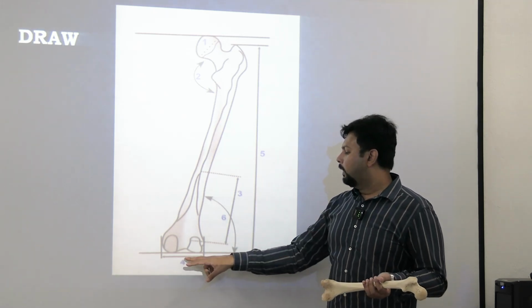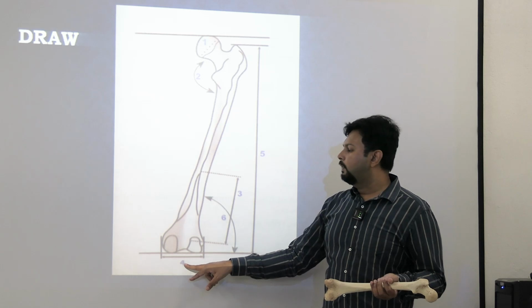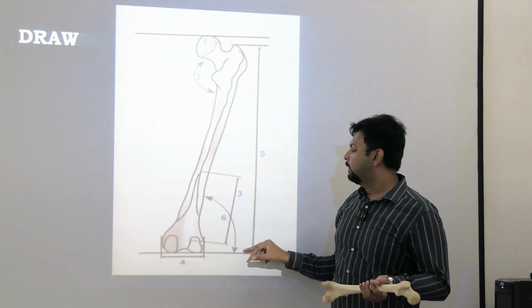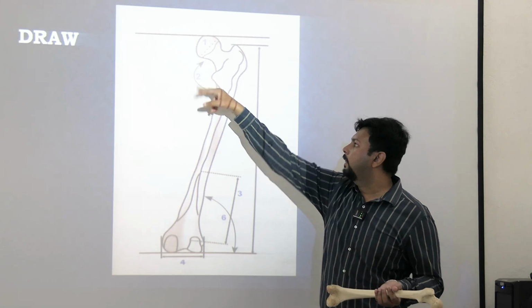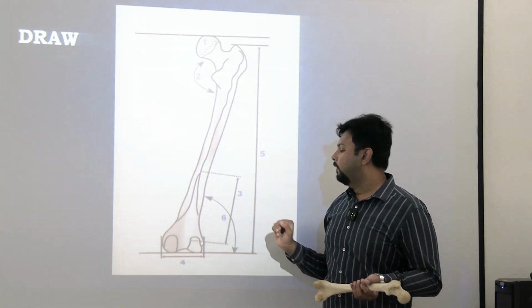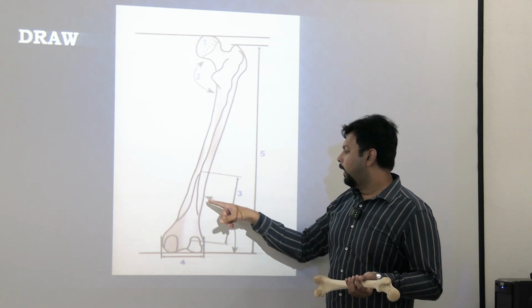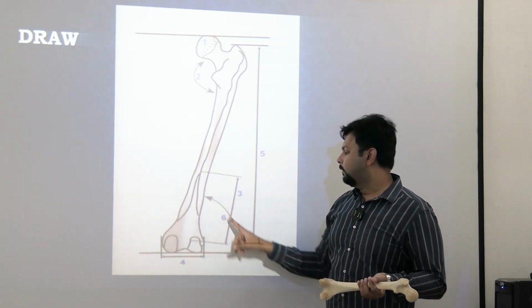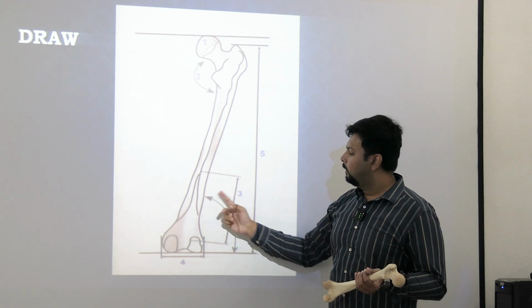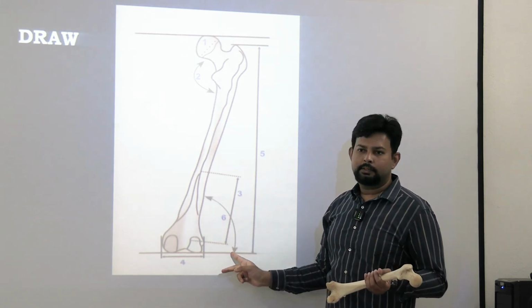So clear about this: bicondylar width, popliteal length, trochanteric oblique length, and the angle and the diameter of the head of the femur. And this is another angulation. This angle is taken from the lateral aspect.